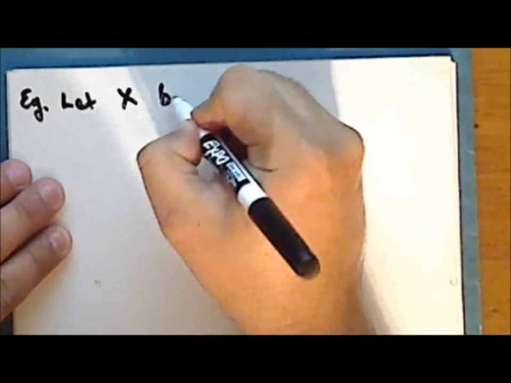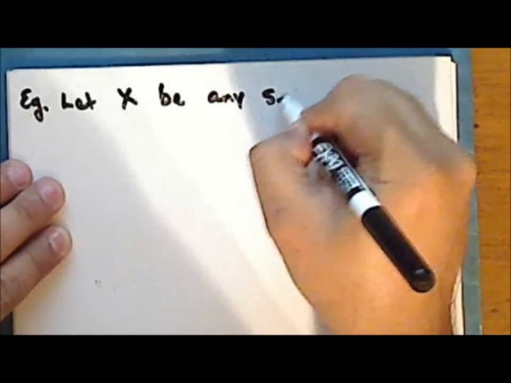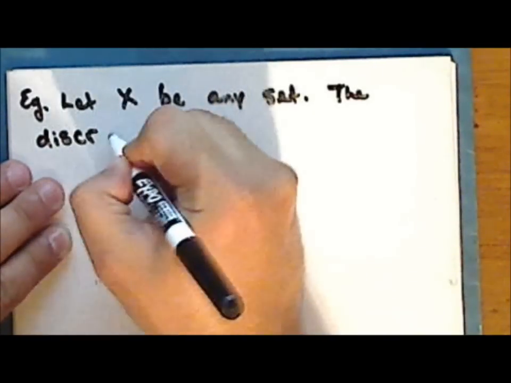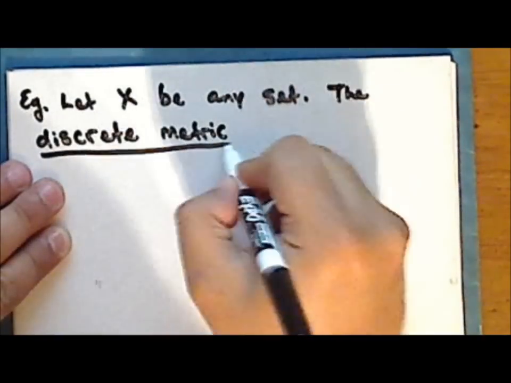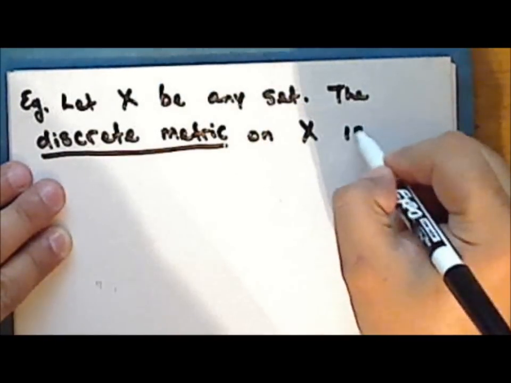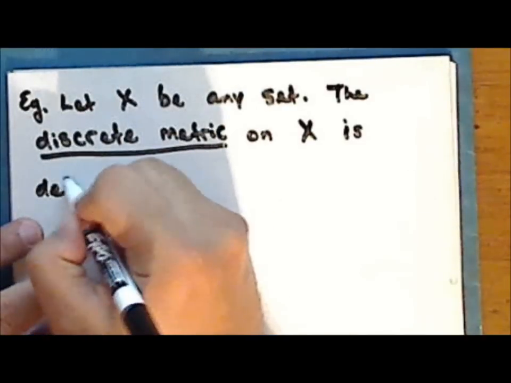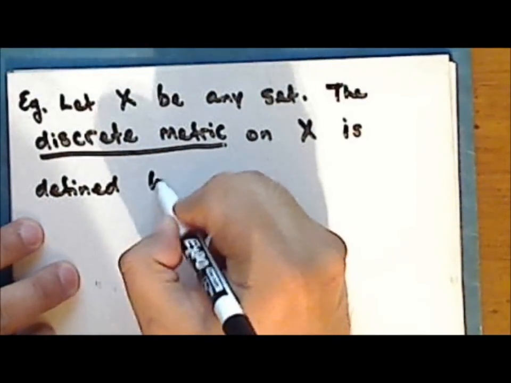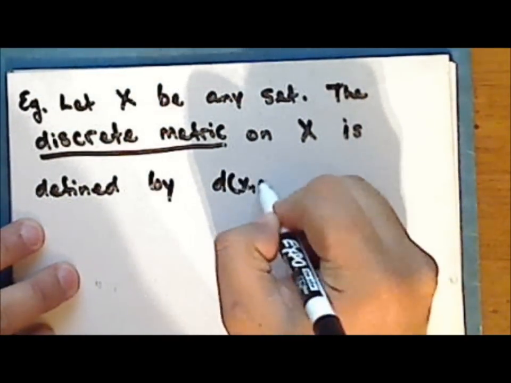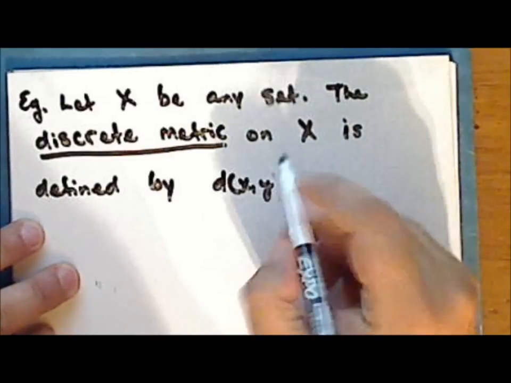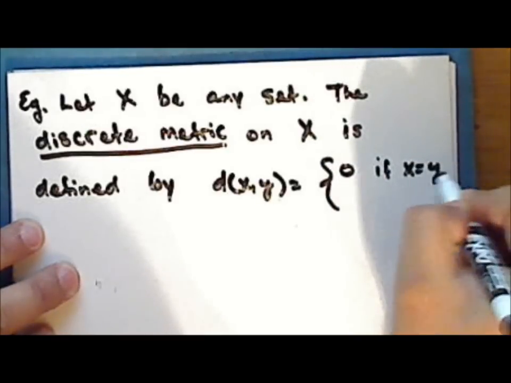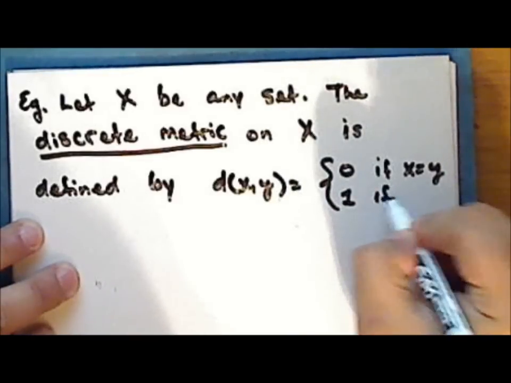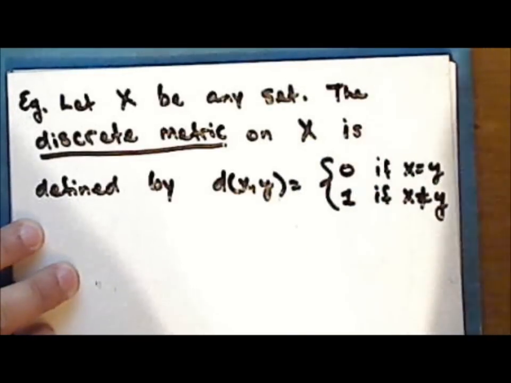Again, let X be any set. The discrete metric on the set X is defined by d(x,y), the distance between x and y, is 0 if x is equal to y, and 1 if x is not equal to y.